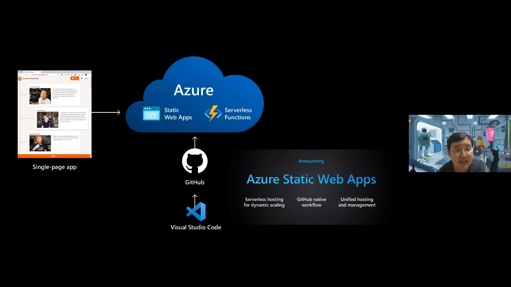And especially for front-end developers, it is a little bit difficult to see whether local changes are really reflected in the cloud, so they really want to check using web browsers. In that case, static web apps would be really great because they integrate with commits and pull requests.